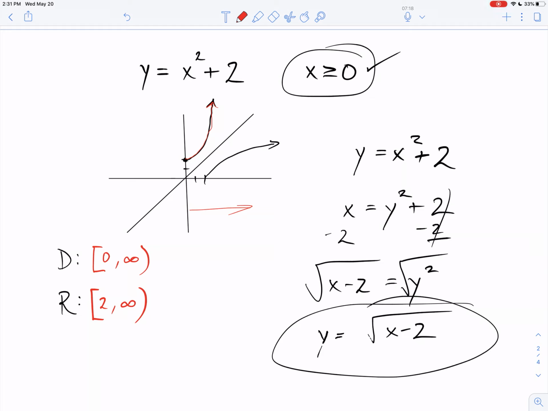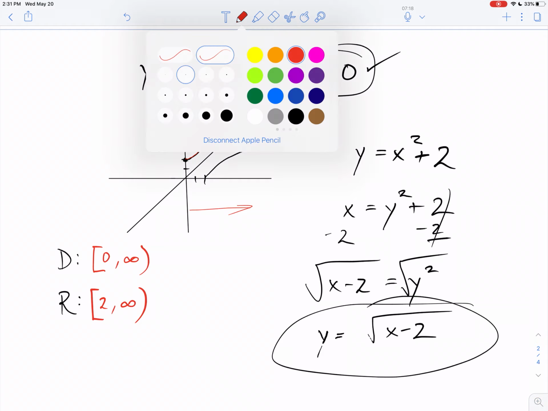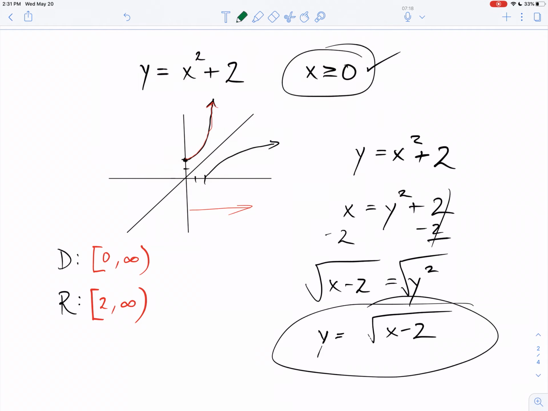Now, for two functions to be inverses of each other, one guy's domain has to be the other guy's range and vice versa. So let's look at this. Let's call this guy green graph for a second. The green guy has a range, the lowest number on it and above.